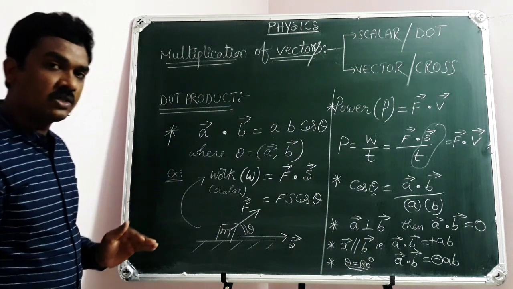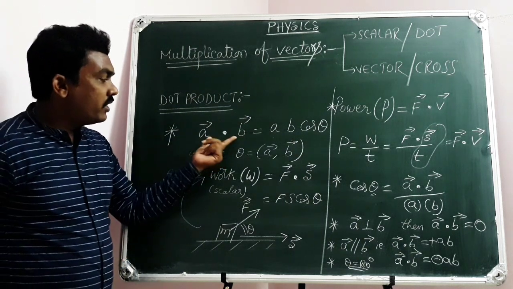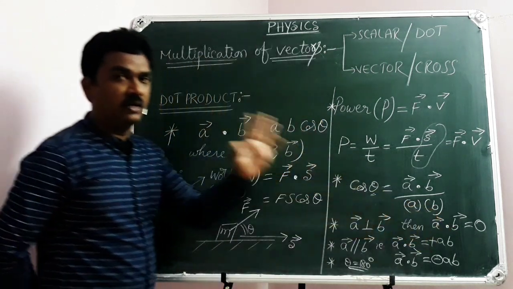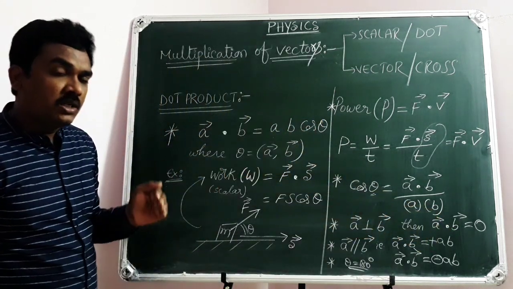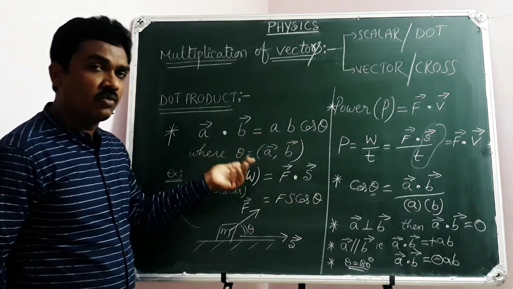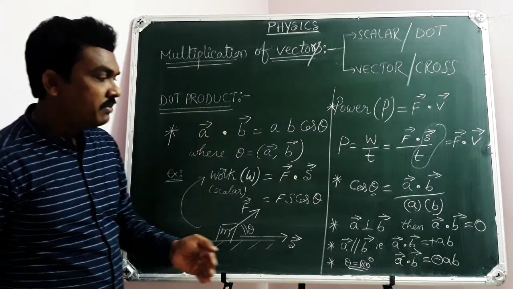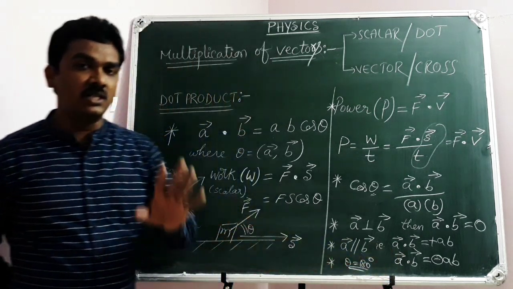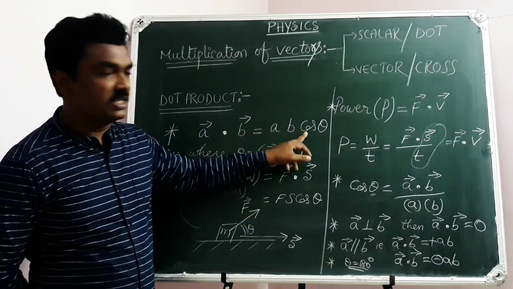So what you need to understand is that the dot product of any two vector physical quantities can be 0 when both are perpendicular, and it can be negative, because for theta greater than 90, cos theta is negative. A bar dot b bar equals ab cos theta.